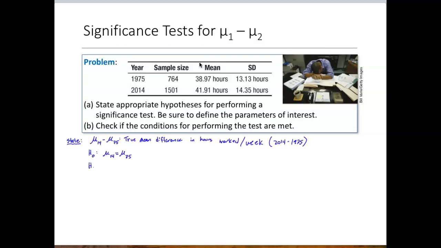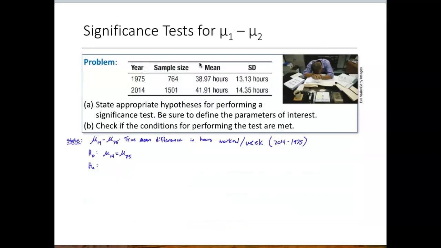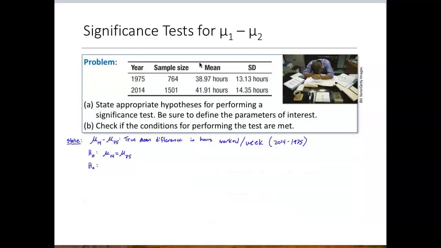And then our alternative, let's make sure in the context of this, were they indicating a direction of the alternative or just a difference? Just a difference. I put that in my head, I was like, we work more, so it should be greater than. But it just says changed, right? So this is a two-sided test. So we're going to go mu 14 not equal to mu 75. We're going to do this at the 5% significance level.